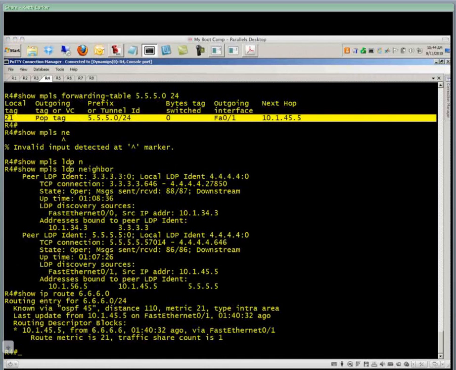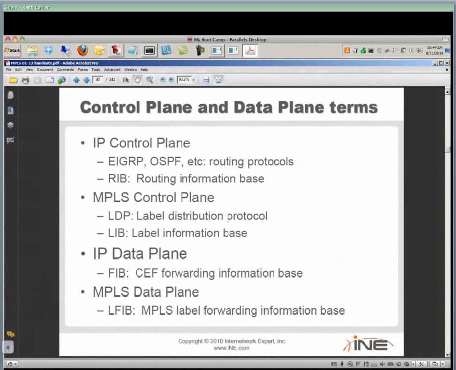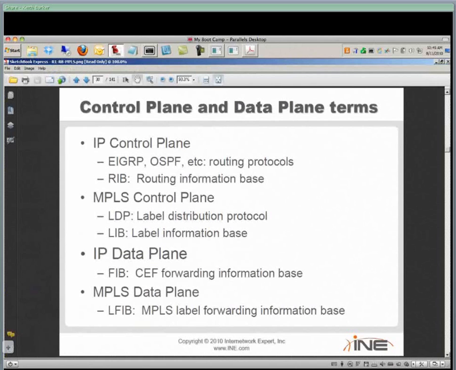All right, so let's take a look at a review of those concepts we just covered. For MPLS, the control plane, we have the label information base. The label information base is all the information on all the labels: our local labels plus any advertisements we've received.